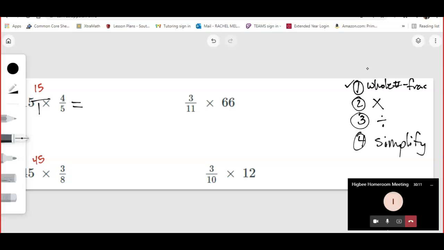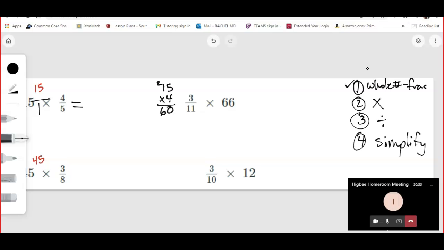Can you do that in your head or do we need to write it out? Okay. What's 4 times 5? 20. What's 4 times 1? 4 plus 2. 6.